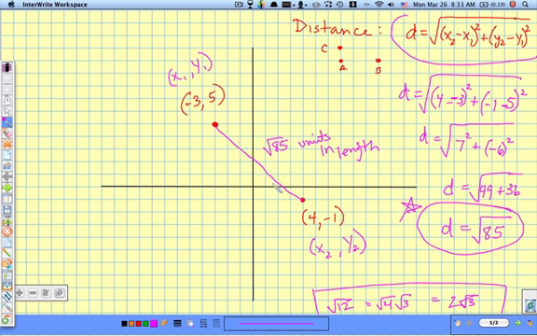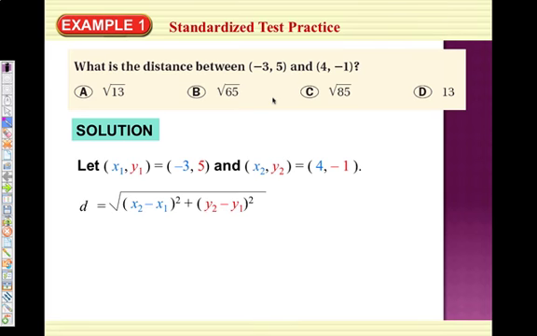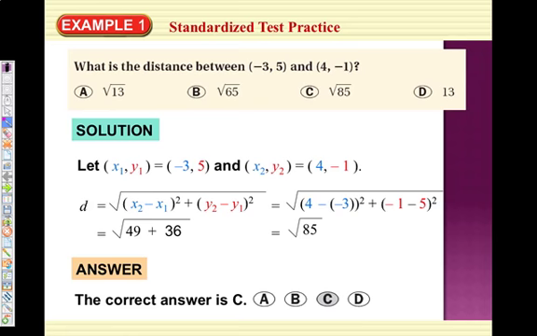So this is about 9 point something units long. So, there you go. Learn how to do distance between 2 points. Going back to the slides. There you go. So that's letter C, square root of 85. Just know your formula and be able to plug it in.